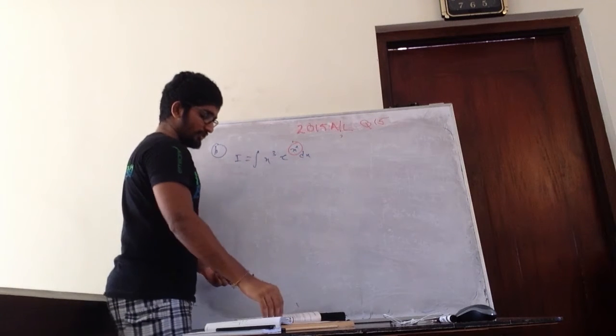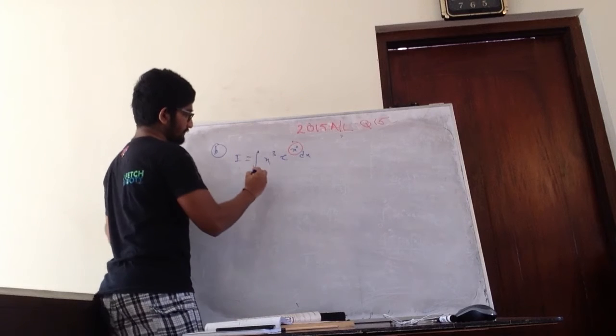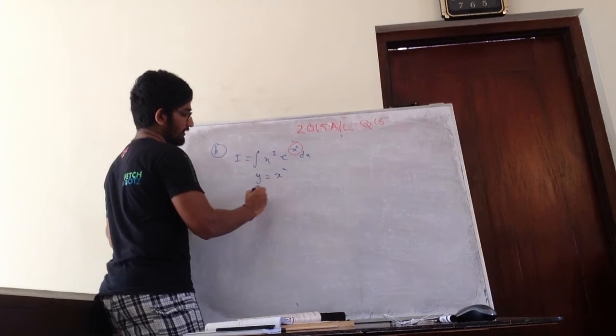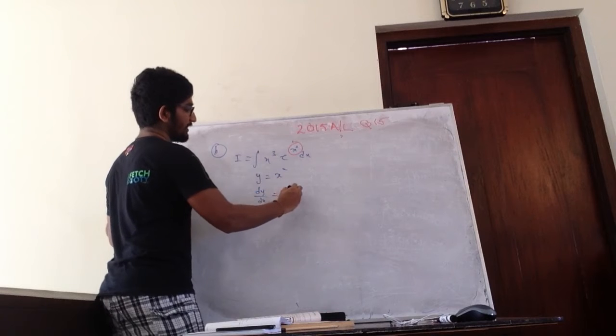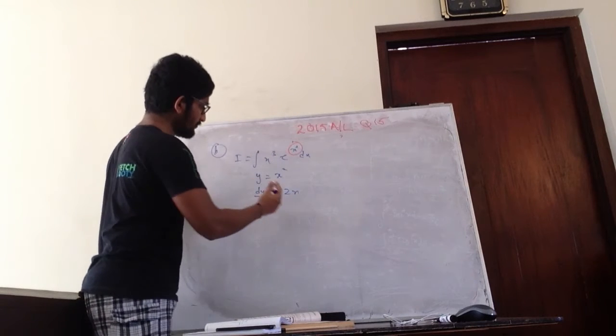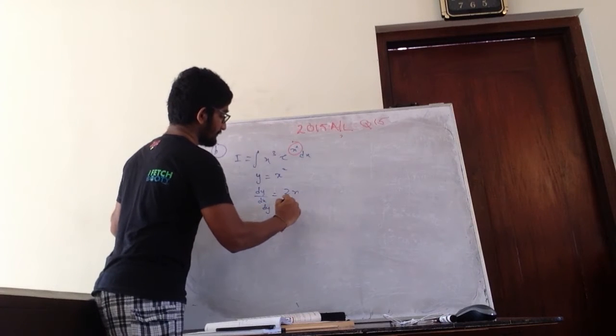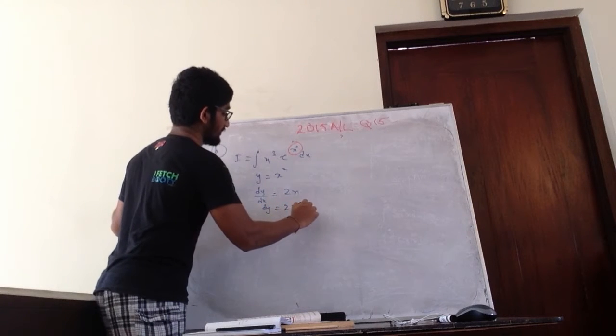So let's see. It's easy to do it rather than say. So when you differentiate y equals x squared, dy over dx becomes 2x. So basically dy becomes 2x dx.